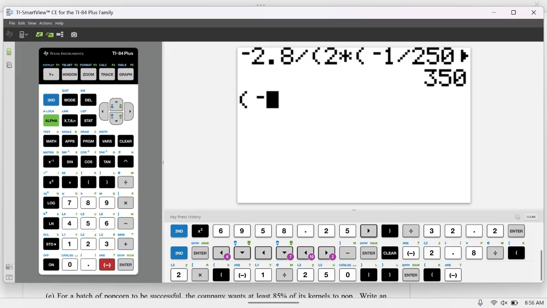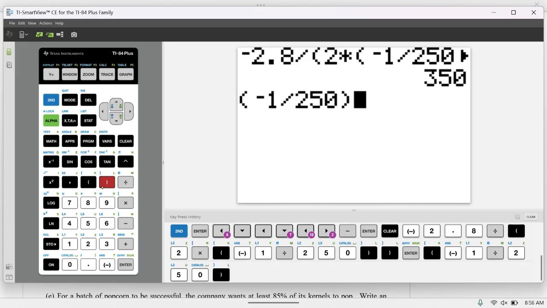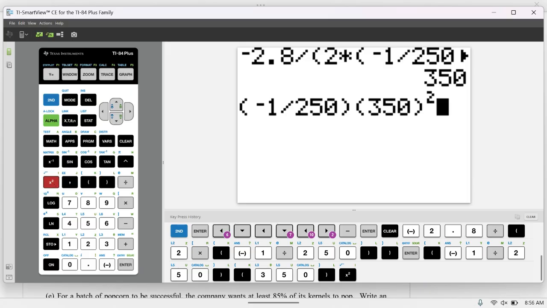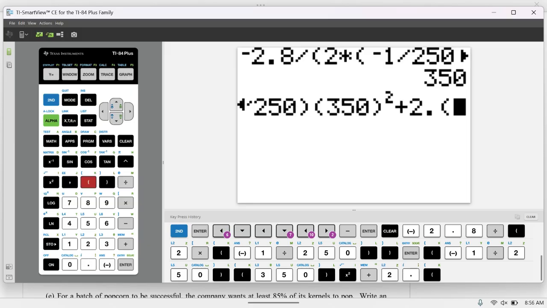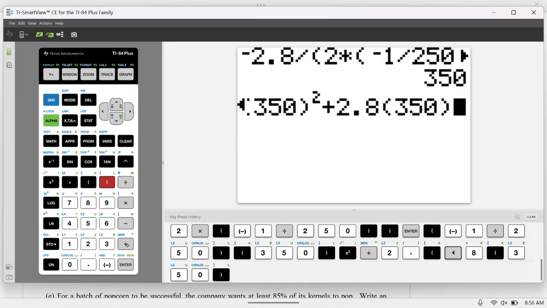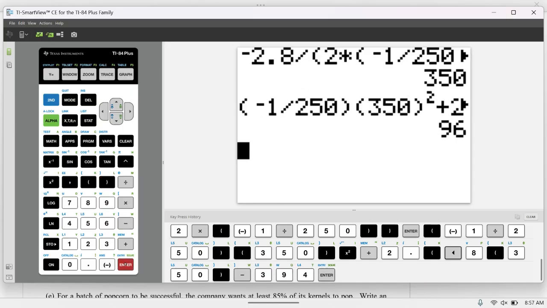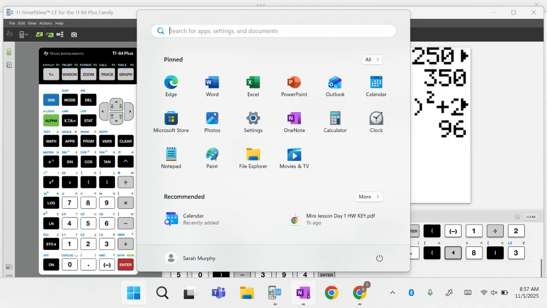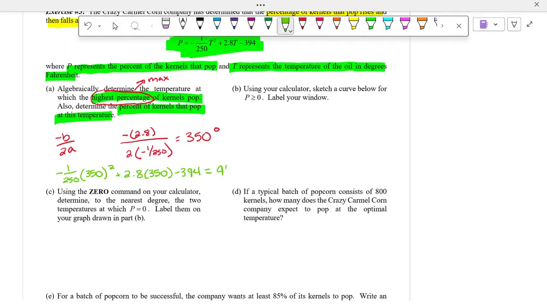Negative 1 divided by 250 times 350 squared plus 2.8 times 350. And what was it, plus or minus 394? Minus 394. So 96. So we're saying about 96% of the kernels pop at 350.